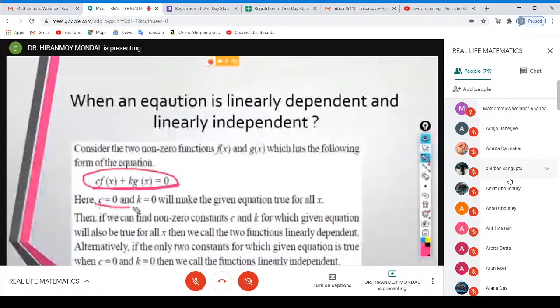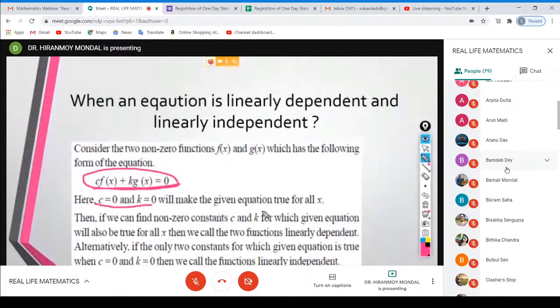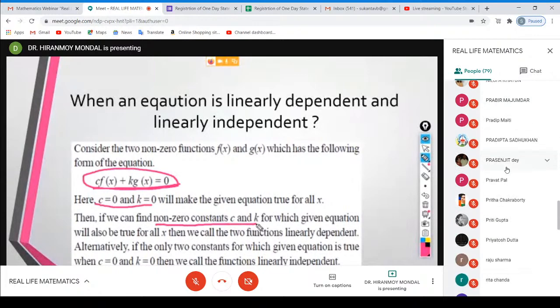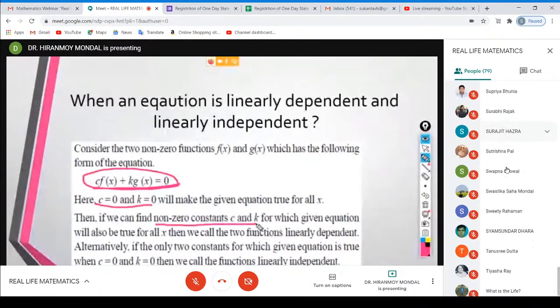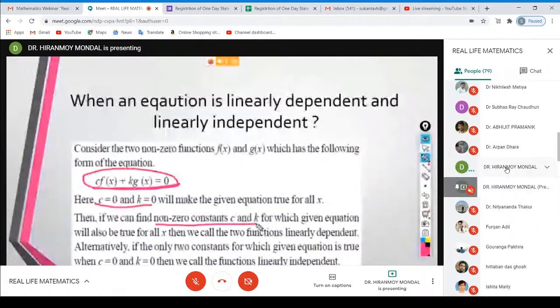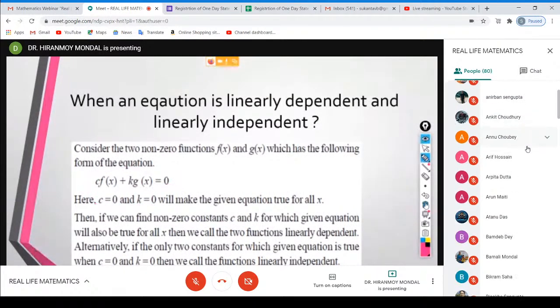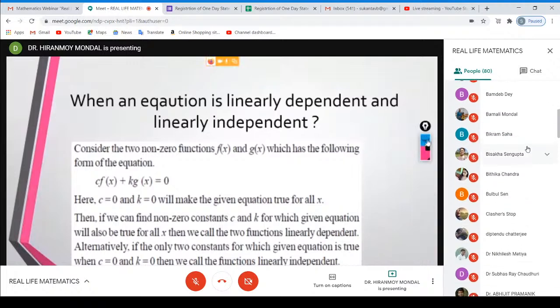If we can find non-zero constants c and k for which the given equation is true for all x, then we call the two functions linearly dependent. And when c equal to 0 and k is also 0, then we call the functions linearly independent. We also define these types of linear dependence and independence in our differential equations.